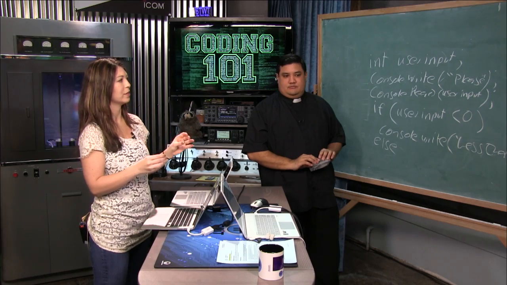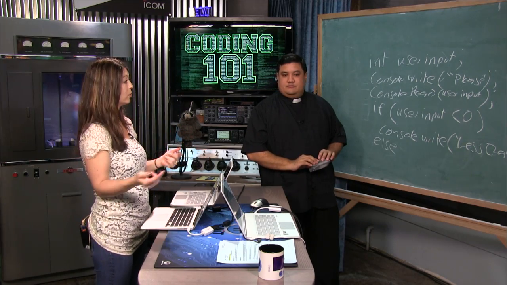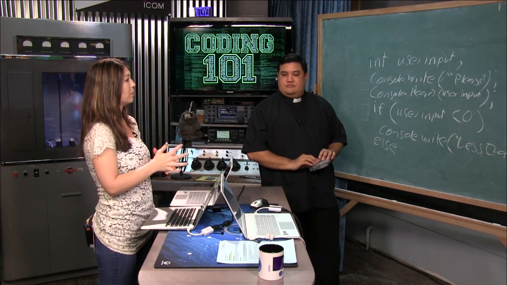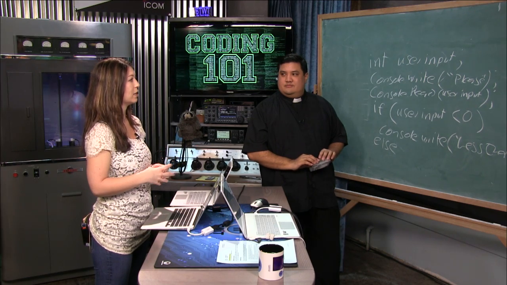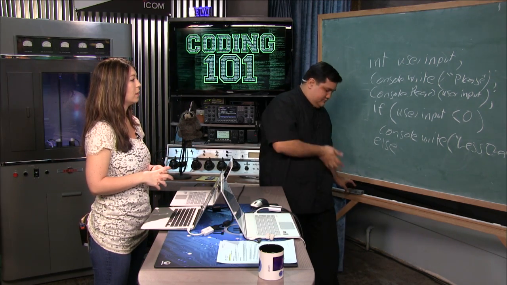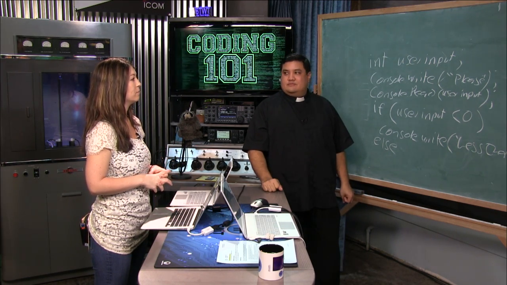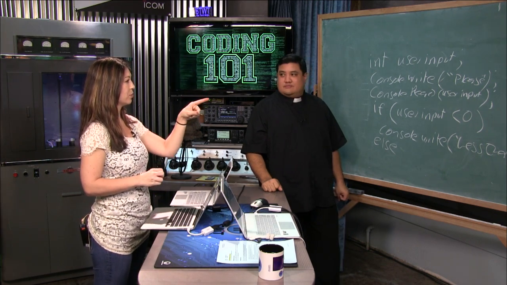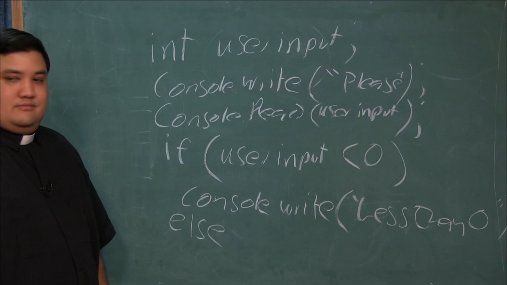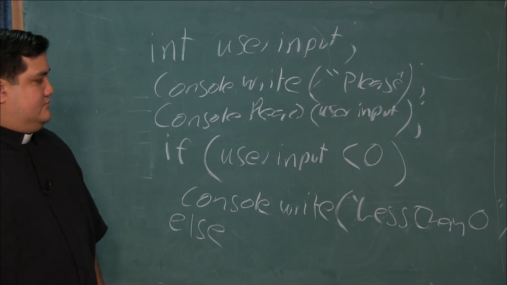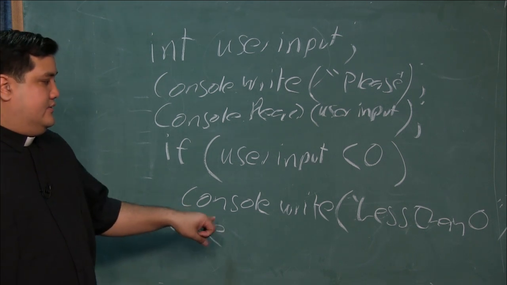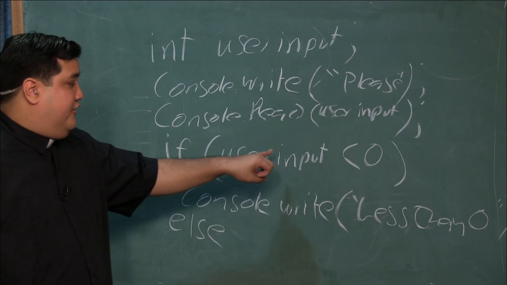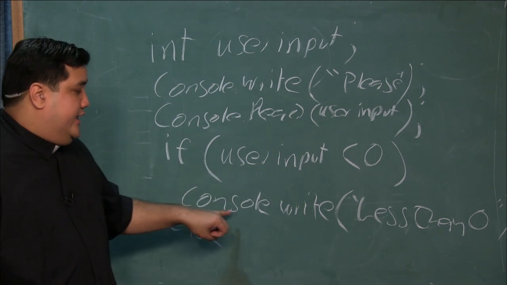So let me review this. First off, we have the user input. Say I'm doing this on my own computer. It says, please enter your number, and I put in the number, it'll be, what, 5? I'll say 5. So then it says read user input. The user input is 5.